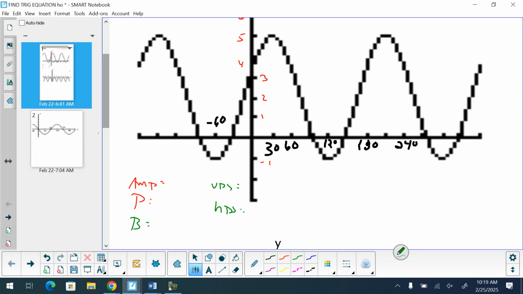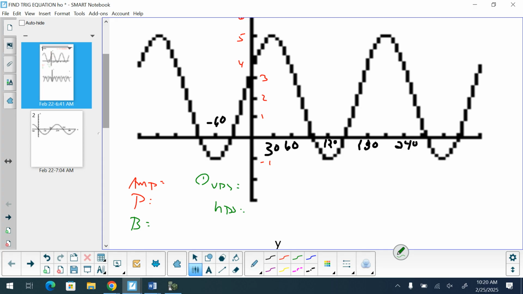Well, when we were going forward with this, when I gave you the equation, I asked you to give me the graph. The first thing we always looked at was drawing in the prime axis, which was your vertical phase shift. That's going to be the first thing you look at here also. If I look at my graph, I have peaks at a value of 5. I have valleys at a value of -1.